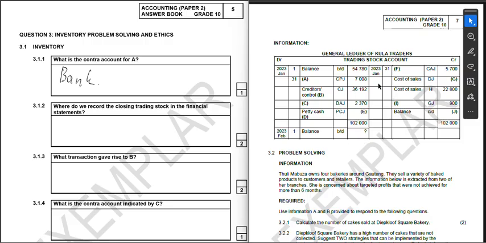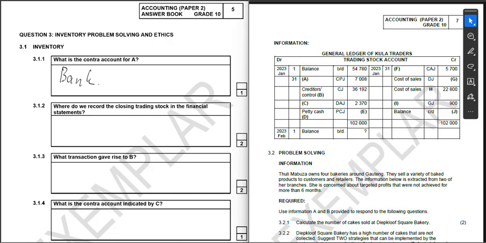The question is really saying financial statements, not the trading stock account. So is it going to be in the statement of comprehensive income, in the statement of financial position, or in the notes? First of all, where do we record the closing trading stock?